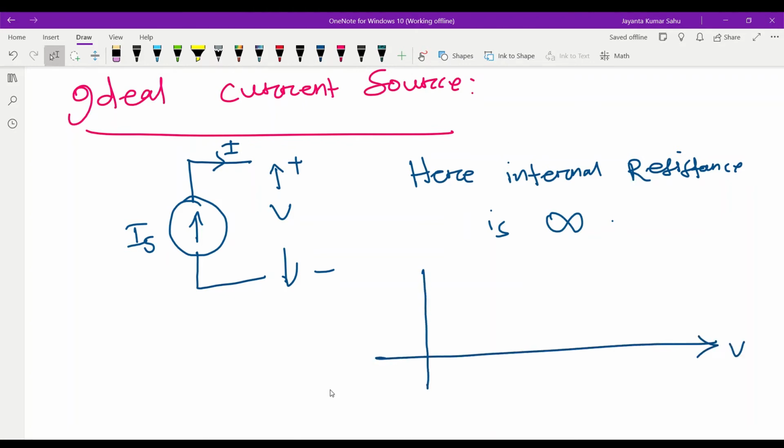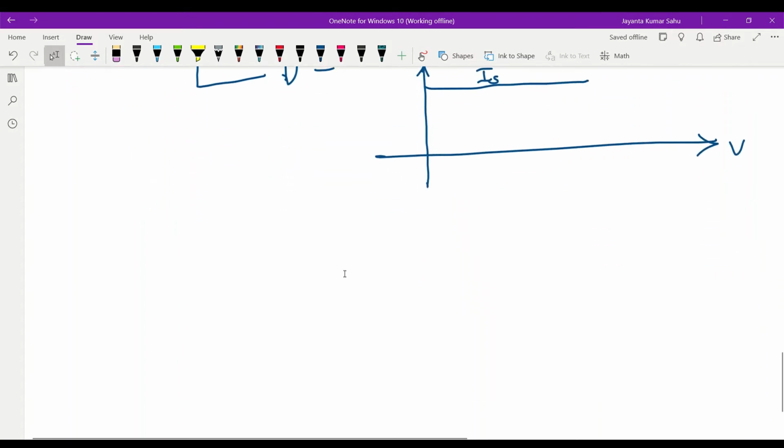This is V, this is I, with voltage on the x-axis and current on the y-axis. Here the current value does not change. This is Is. After that we discuss the practical current source.